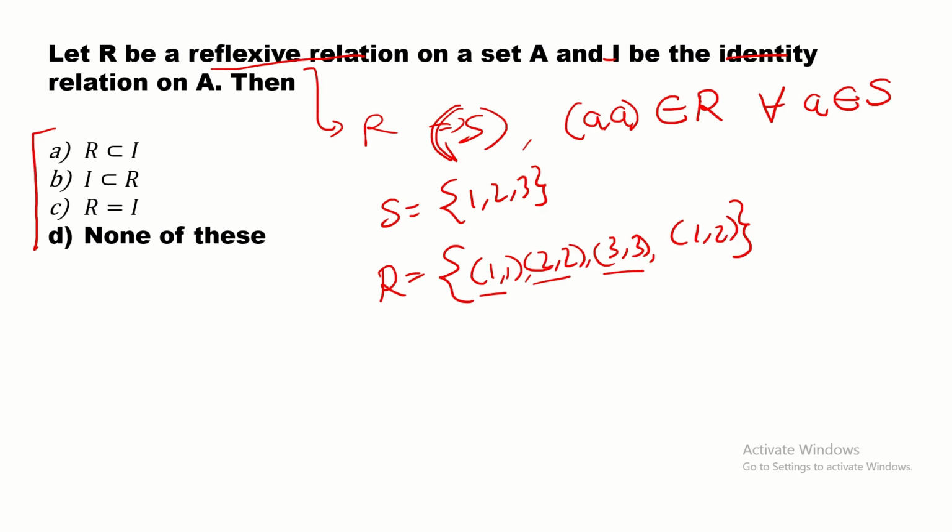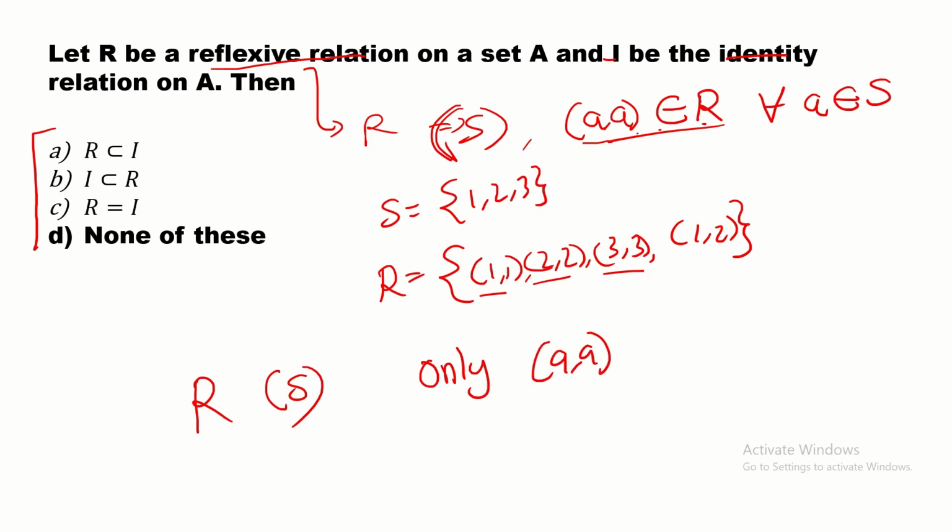So a reflexive relation is all such relations such that (A, A) belongs to R for all A belonging to the set. Now then, what is an identity relation? An identity relation is a relation on set S such that only (A, A) belongs to R for all A belonging to S. This means there is only one such identity relation for each set.